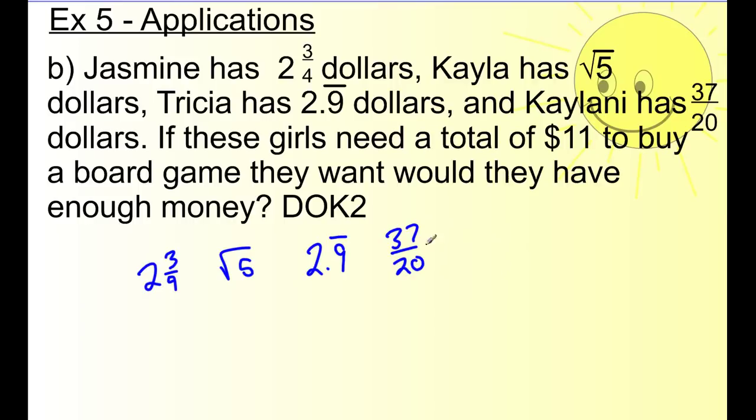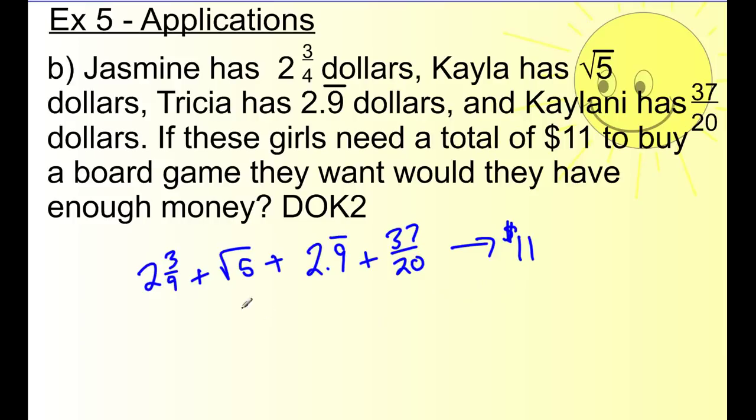So what the problem is saying is that if all of these numbers together is equal to $11 or more, so they have to have at least $11 to buy the board game they want. So if I would take this number plus this number plus this number plus this number, is that number at least $11? Can they buy the board game that costs $11 is what we want.